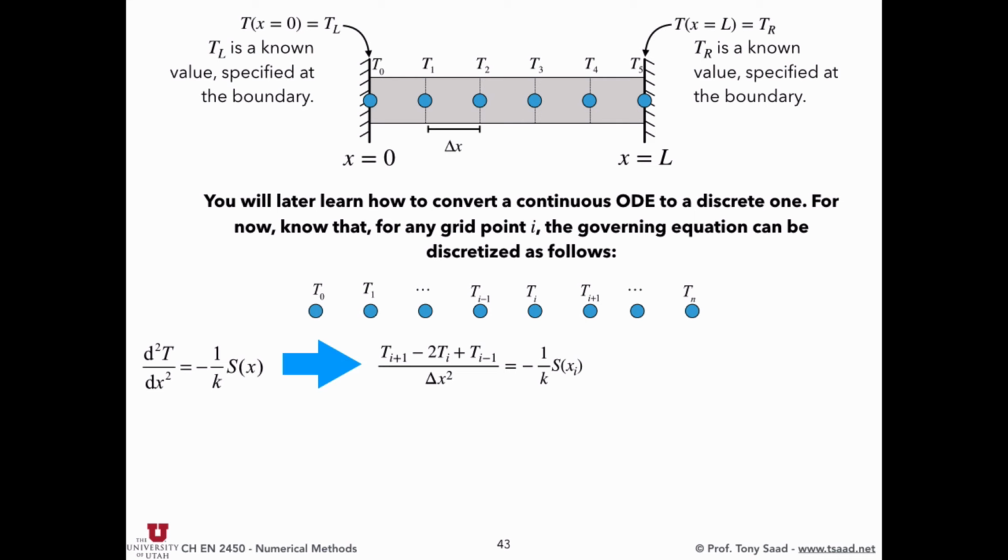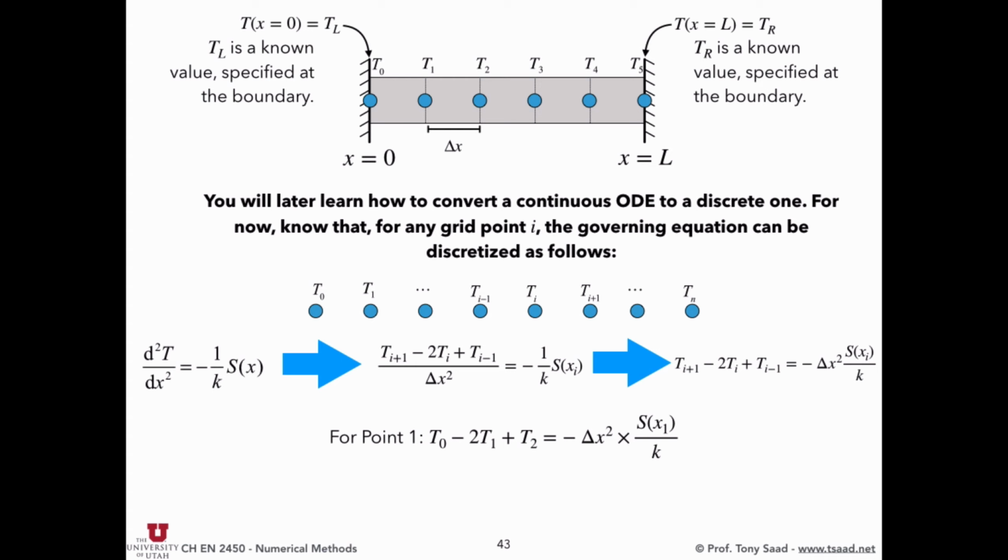Now I'm going to simplify this a little bit and write it in this form: Ti plus 1 minus 2Ti plus Ti minus 1. So at any point i, the heat transfer equation turns into a linear relation between the temperatures at the neighboring points and point i. So for example, for point 1, you simply put i equal 1.